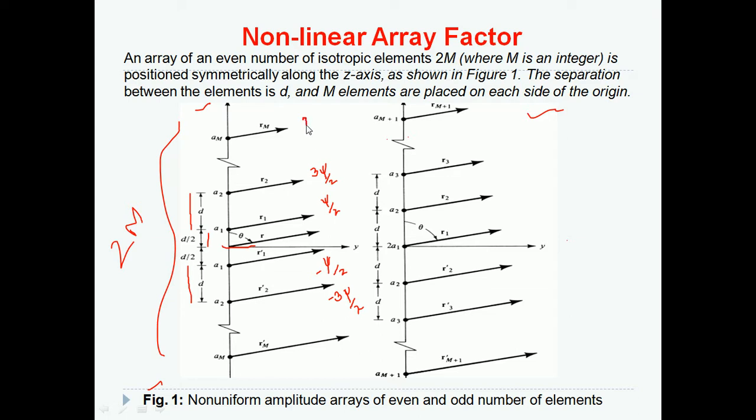So for the Mth element, I have (2M minus 1) psi by 2. Likewise, on the other side we have minus (2M minus 1) psi by 2.